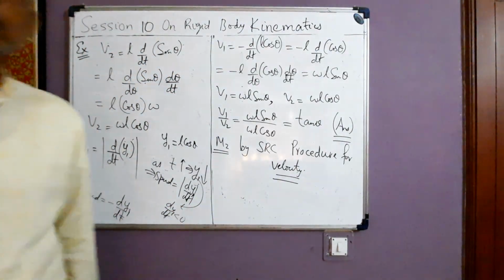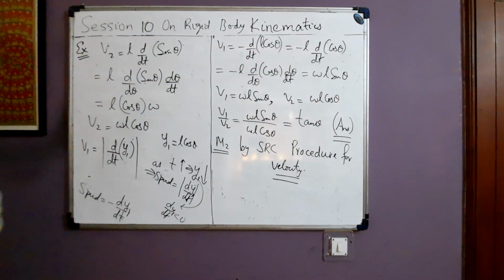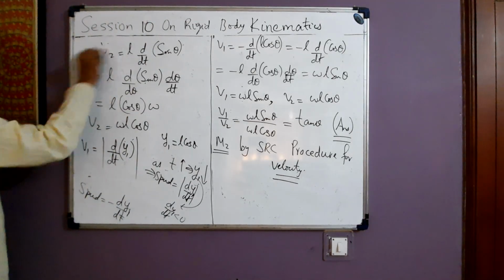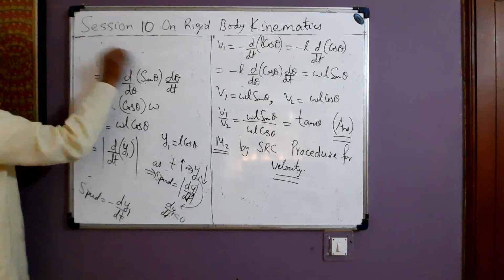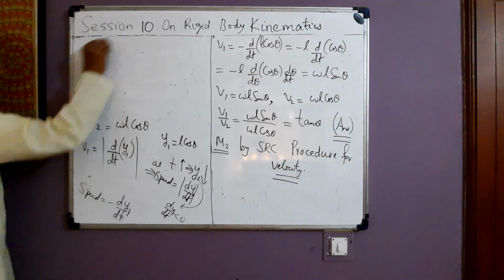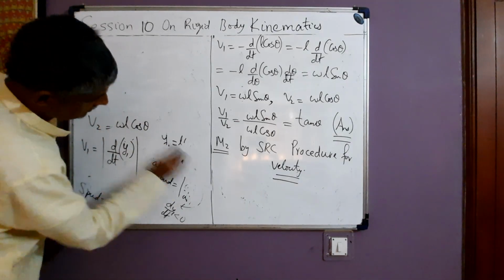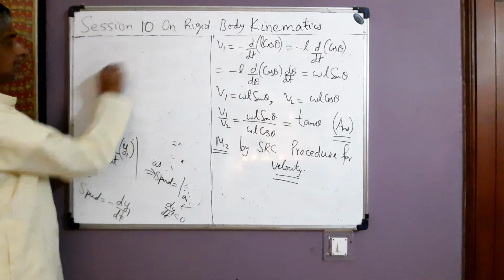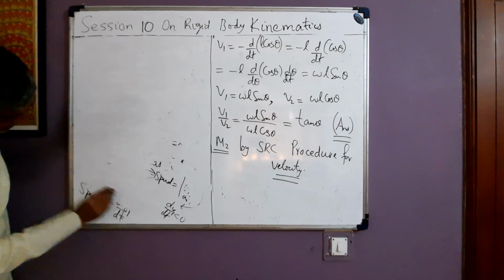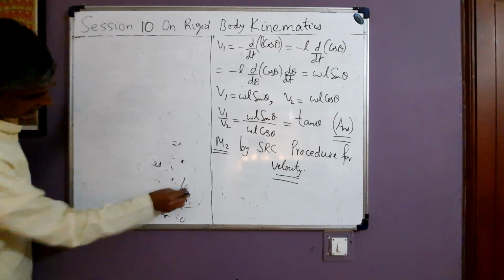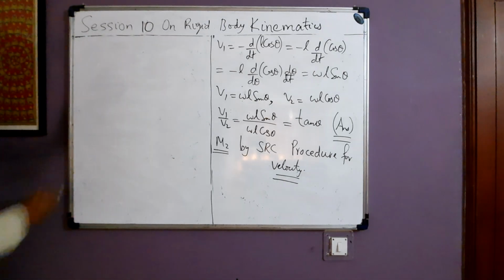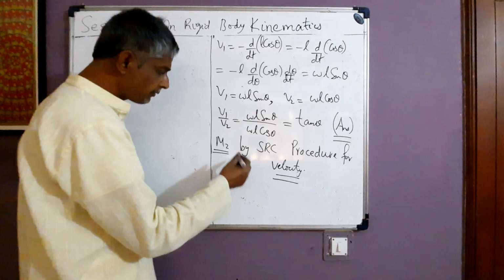In the SRC procedure for velocity, we have two sub cases.